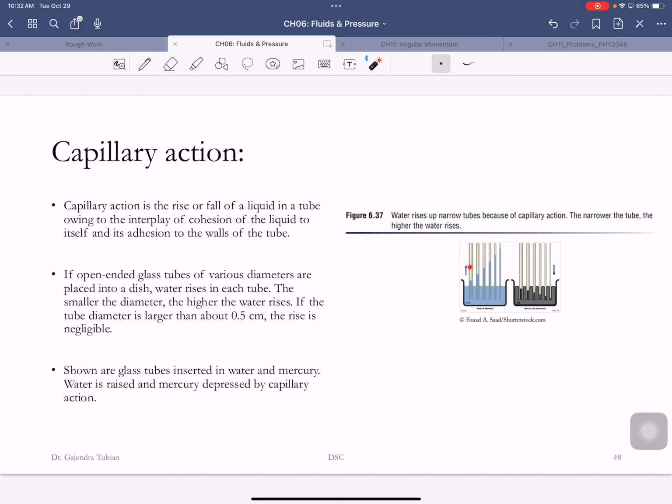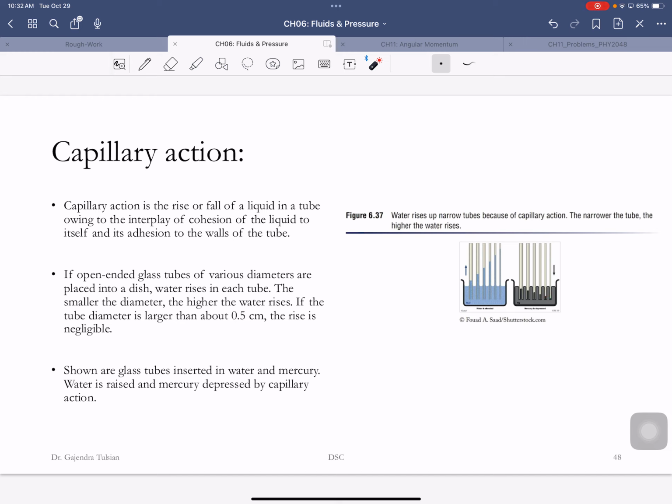In the case of water, the adhesive force is greater than cohesive force. In the case of mercury, the cohesive force, that is the force between molecules of mercury, is greater than the force between mercury and glass. So here's the result.